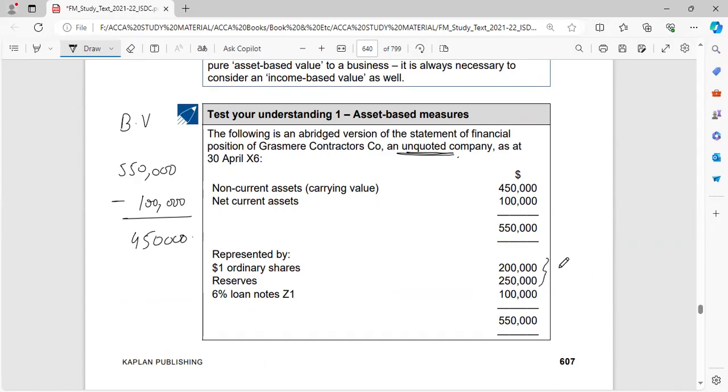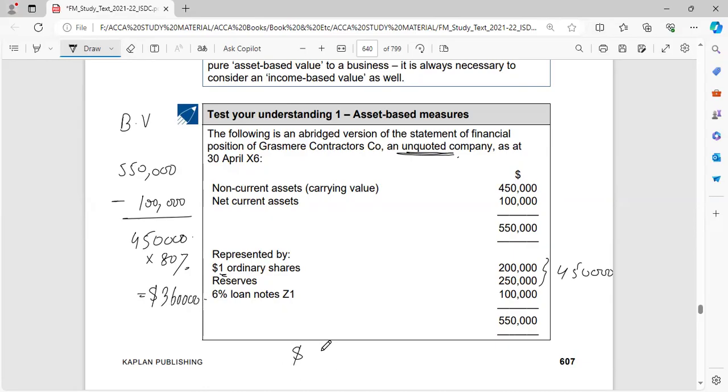Divided by number of shares, 200,000 is the total, $1 par value. So we can simply multiply by 80% to calculate the value of the organization, which is 360,000.